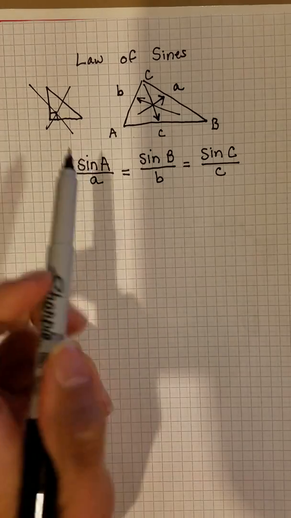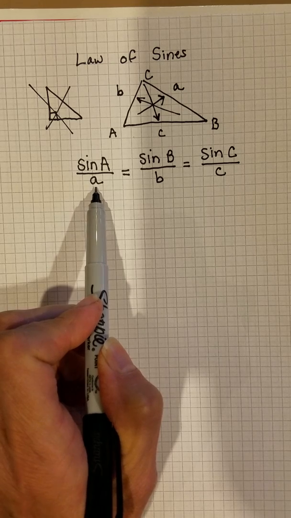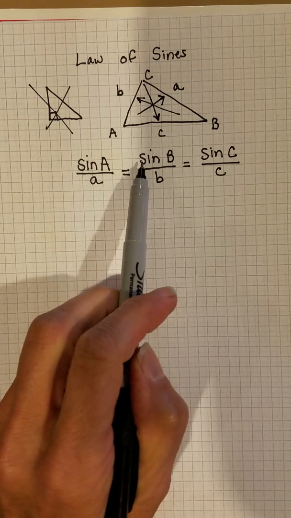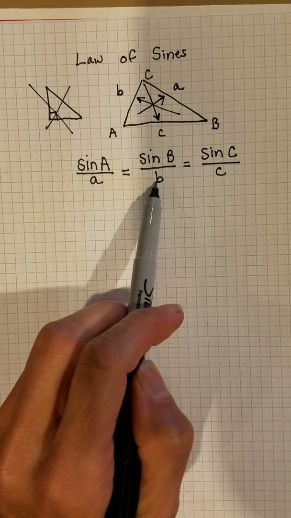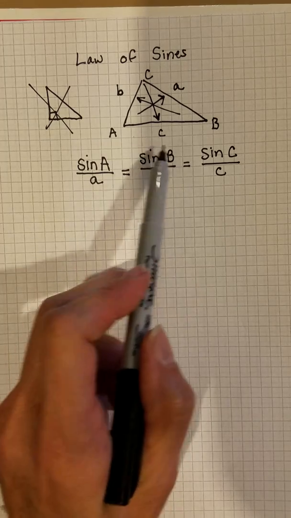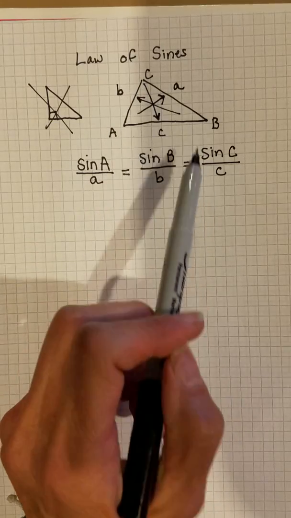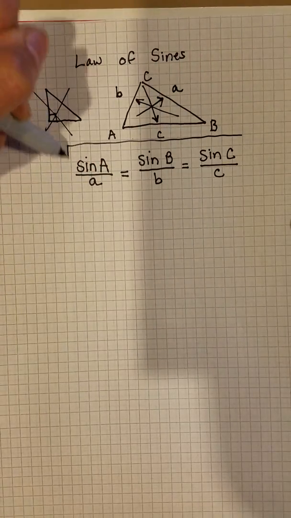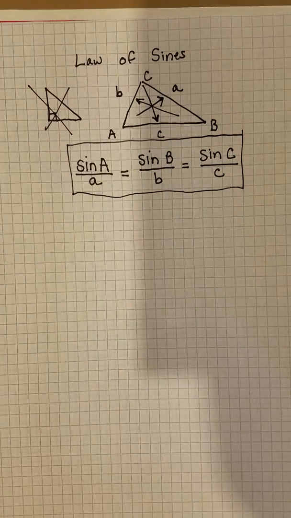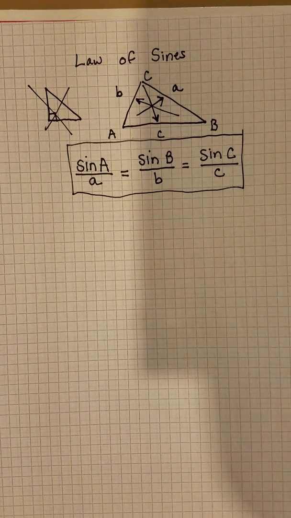So there we go. We have the sine of A divided by the side is equal to the same exact thing as the sine of B divided by its opposite side is equal to the same exact number as the sine of C is to its opposite side. So that is called the law of sines. And tomorrow we'll talk about the law of cosines, but for right now, here's the law of sines.